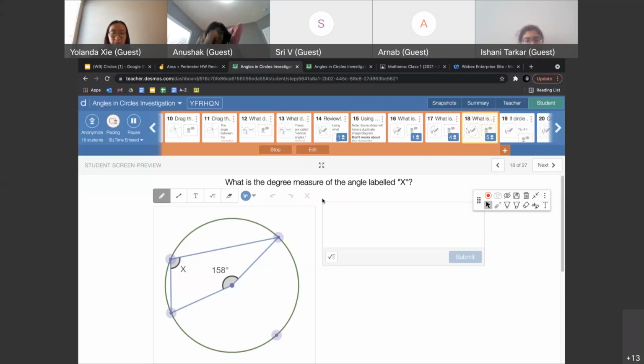All right, what is the degree measure of the angle labeled x? I got 22 degrees. Okay. All right, so we'll just give you guys a bit of time to solve this one.